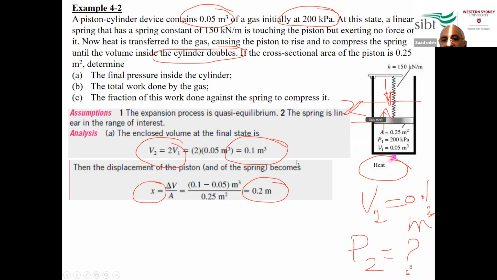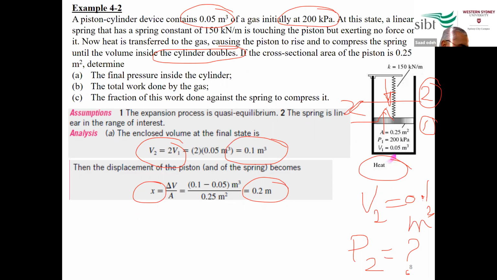Okay, so if we move the spring from initial position 1 to 2, then the travel distance is X. So we can find X if we divide the change in volume by the area.